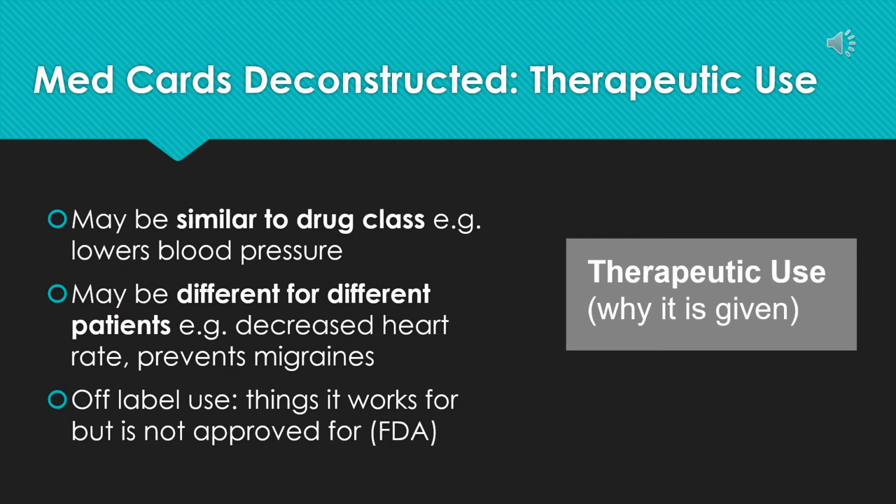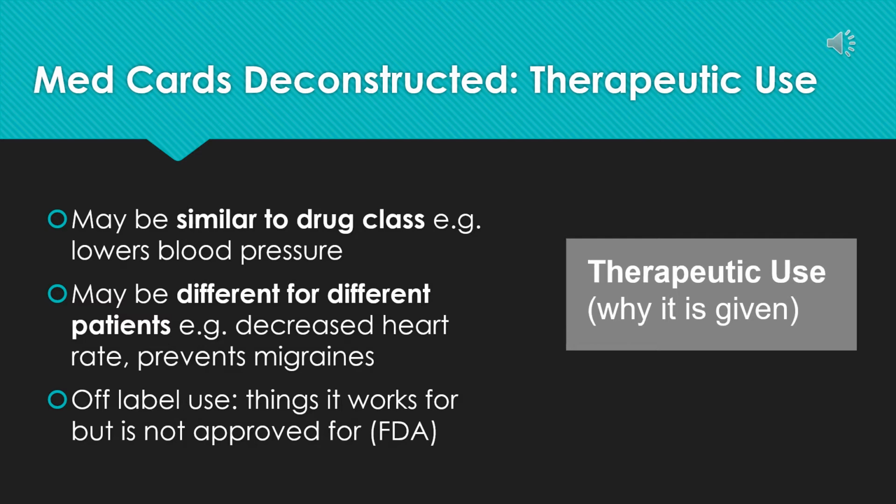Sometimes they give them post-MI because it decreases the workload of the heart. Sometimes they give it to people who have migraines because it prevents migraines. So there are lots of different reasons why people take the same medication, and it's important for you to understand which reason your patient is taking it for.